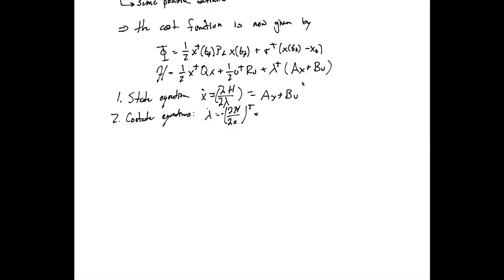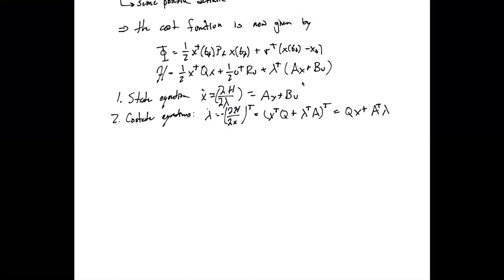So if we take the partial derivative of H with respect to these two, we'll get, using the transpose, x transpose Q plus lambda transpose A, and then this whole thing will be transposed, which will be equal to Qx plus A transpose lambda. Oh, and negative. There should be a negative there too, right? Negative and negative.